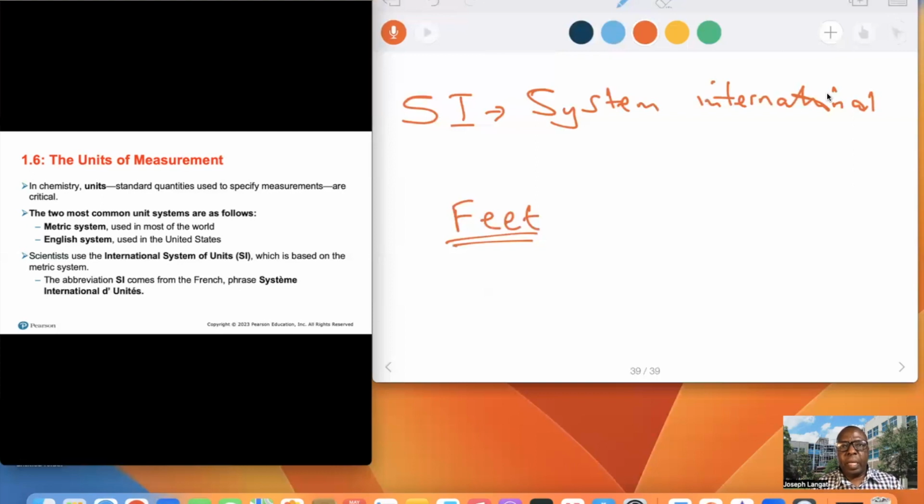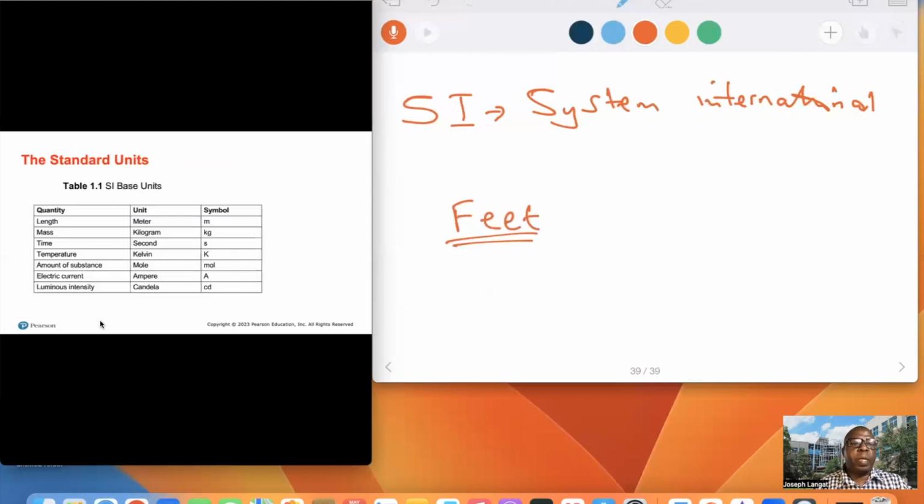So a scientist or a group of scientists spent about 10 years to come up with a uniform system we call System International, which is based on the metric system, abbreviated SI. We'll see the 7 base units for SI on table 1.1: length, m for meter, kilogram, second for time, temperature, and so forth.